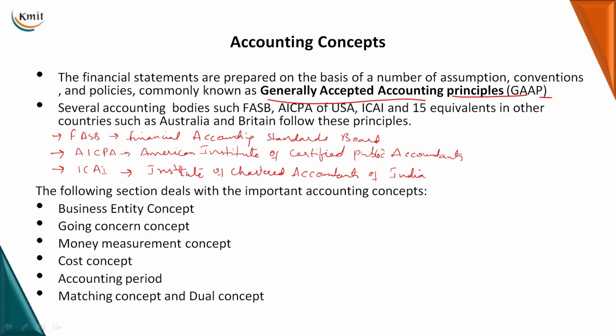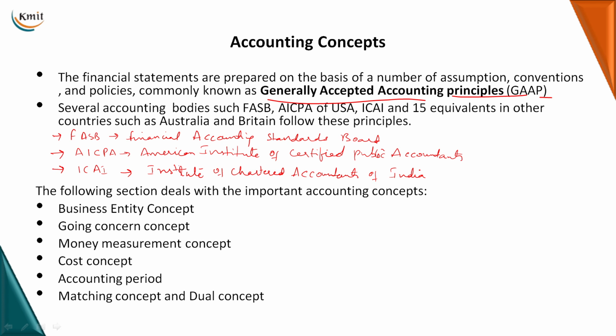So these are all the accounting bodies, and their equivalents in other countries such as Australia and Britain follow these principles, that is nothing but Generally Accepted Accounting Principles, that is GAAP.